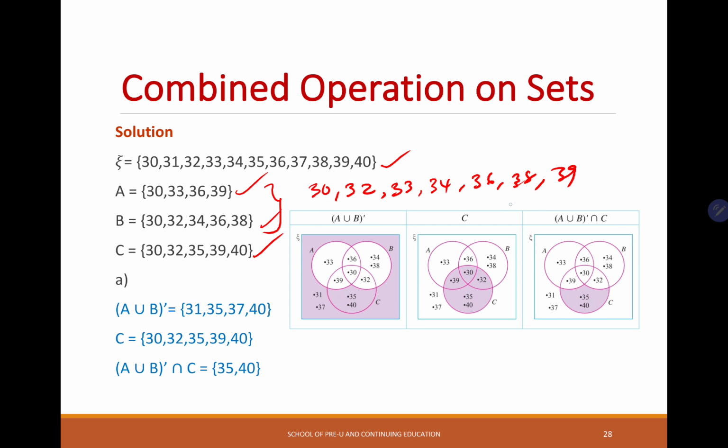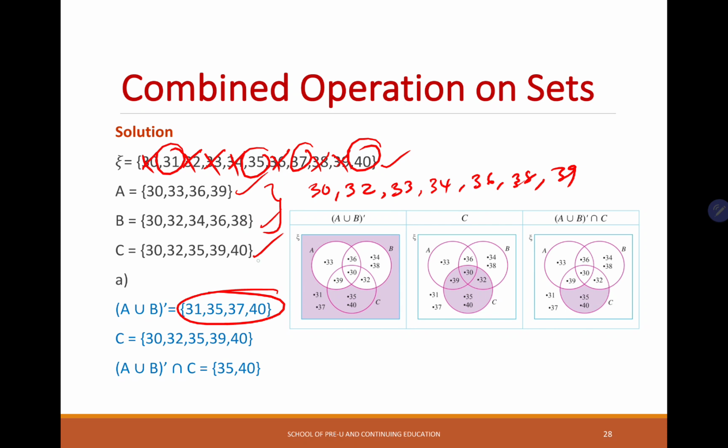From all of these, find the complement, which is what is not included. So 31, 35, 37, and 40 is your complement of A union B.